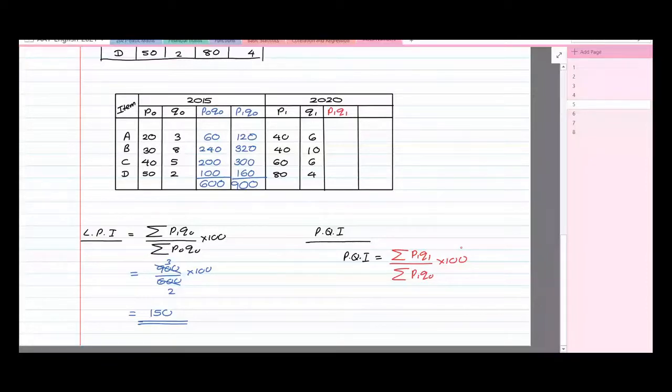So 40 times 6 is 240. 4 times 10 is 40. 6 times 60 is 360. 8 times 40 is 320. Take the total: 1320.